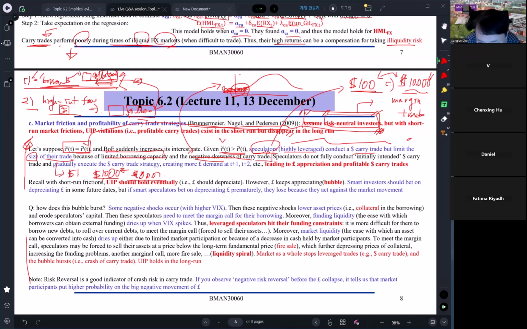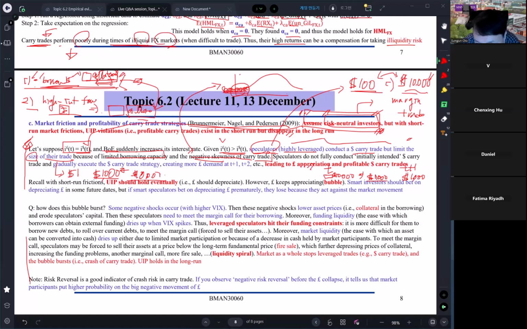Therefore, the idea is speculators conduct initially a small amount of dollar carry trade. Let's say we are at T, they want to implement something like a $10,000 carry trade, but they couldn't implement this. So they only implement a $1,000 carry trade at time T. Then at time T plus one, they implement another $1,000 carry trade.